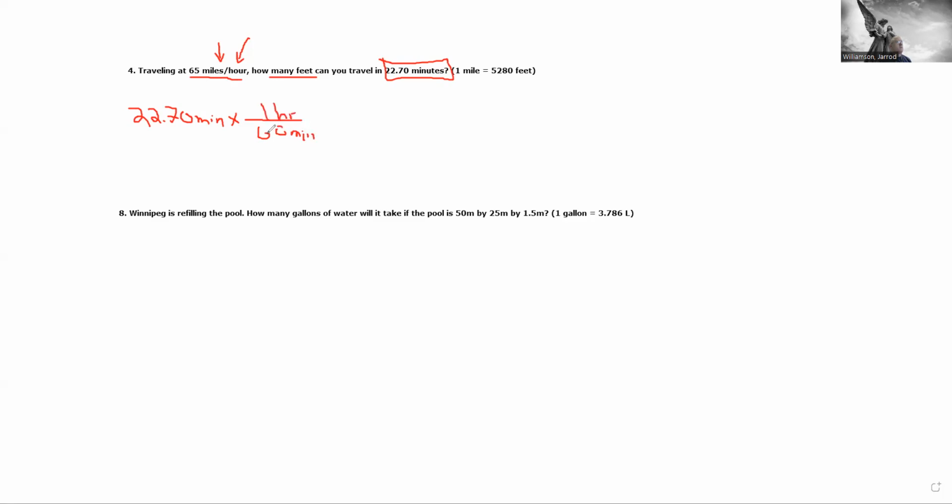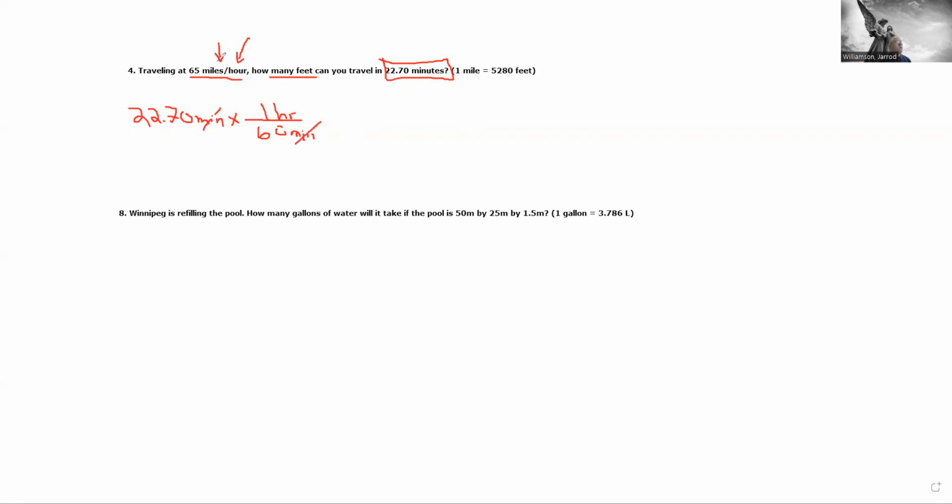That's supposed to be a 60. And I put the minutes on the bottom because over here, 22.7 minutes is like 22.7 over 1 minutes. So that's like minutes on the top, right? So in the next fraction, I want to put minutes on the bottom so that the minutes will cancel out.